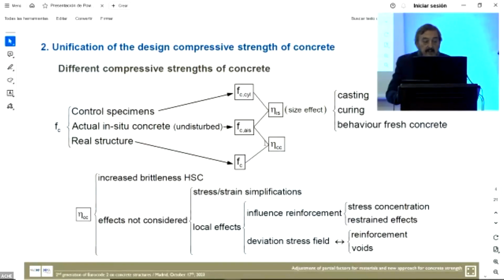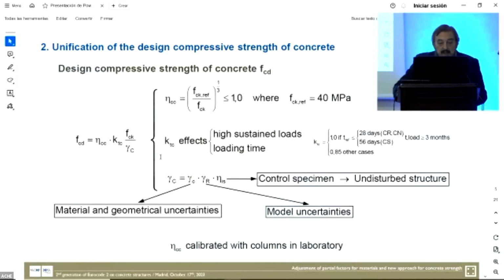So with these different compressive strengths, we have the design compressive strength of concrete by this product: eta cc, this brittleness coefficient, k tc, which takes into account the high sustained load and the load time, and fck, and gamma capital C, which takes into account several questions like, via gamma small c, the material and geometrical uncertainties, gamma R, the resistance model uncertainties, and eta IS, what I've said, the conversion factor from control specimen to undisturbed structure.